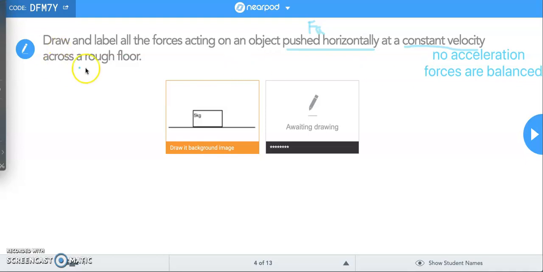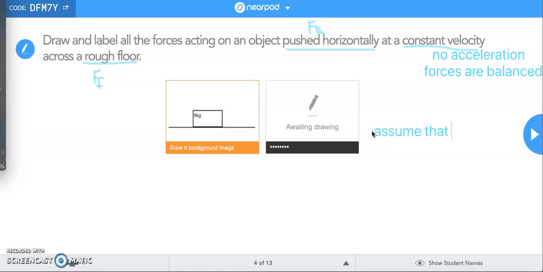And then last but not least, there is a rough floor happening, so we know that there will be a friction force opposing the motion. So just from the prompt itself, we know for sure that there has to be an applied force and a friction force.